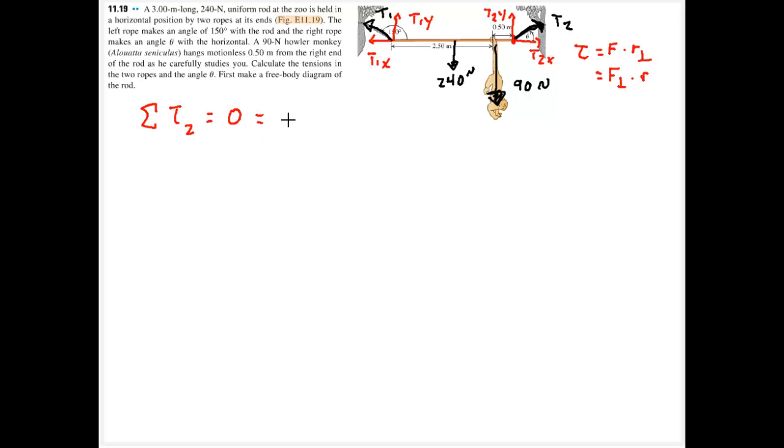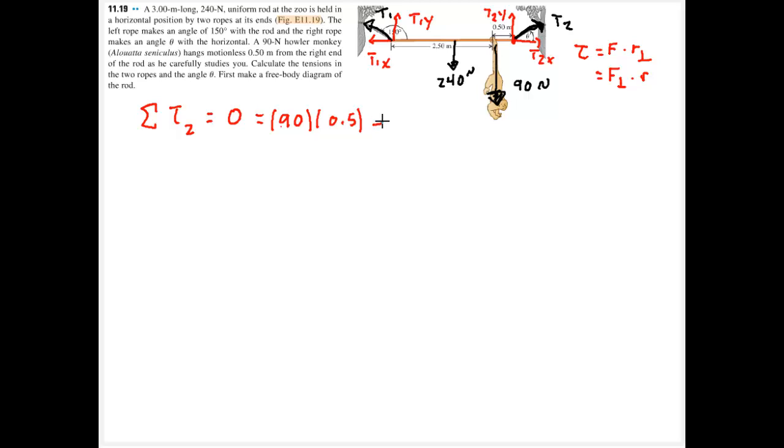Treating clockwise as negative and counterclockwise as positive, as always, I'm going to first have my 90 Newton howler monkey being my force, and that howler monkey is going to be at 0.5 meters. It is giving me a counterclockwise, so a positive torque.